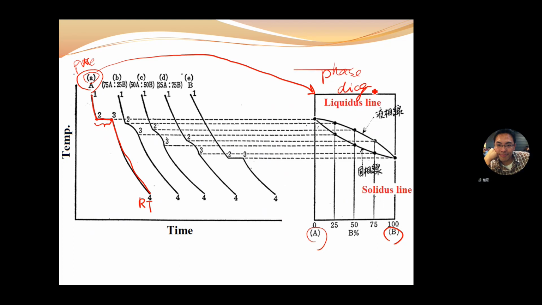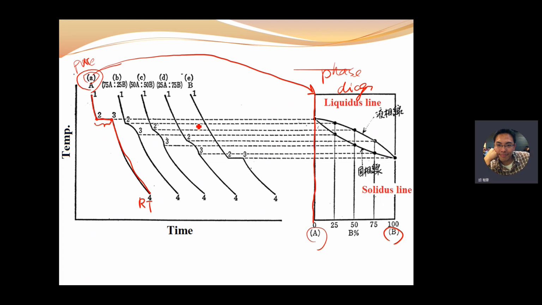Okay, so in the phase diagram, which line represents the curve A? You know what I'm saying? So we can map the curve A to where? To here, right? To the straight line.